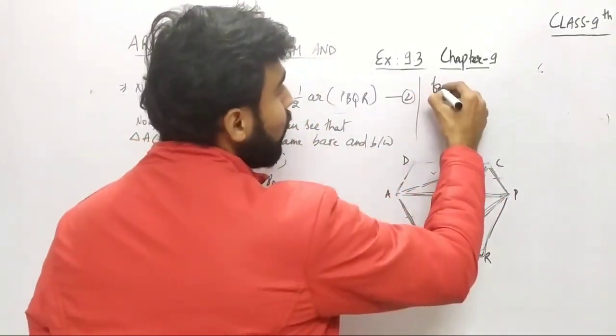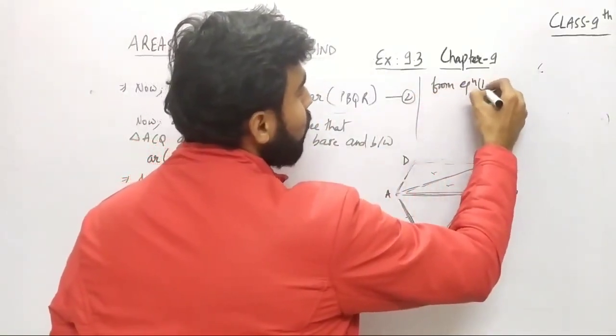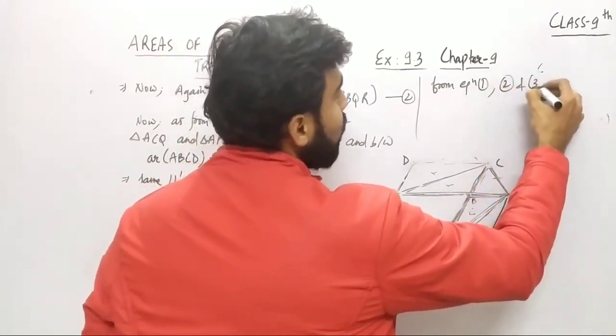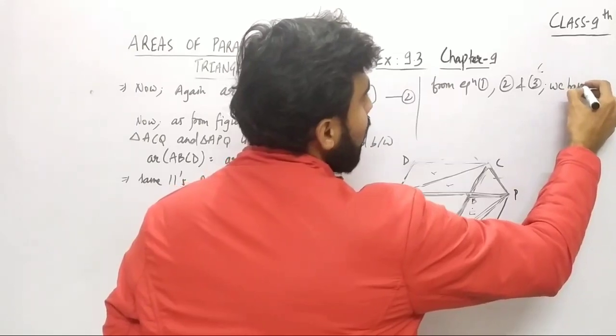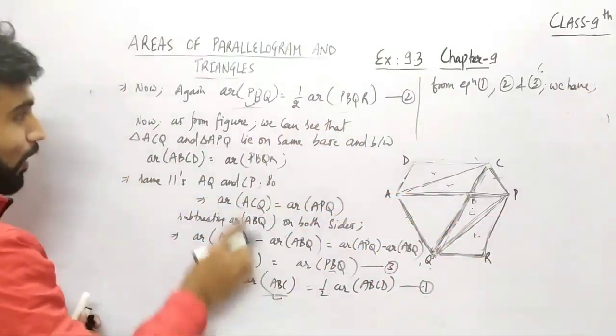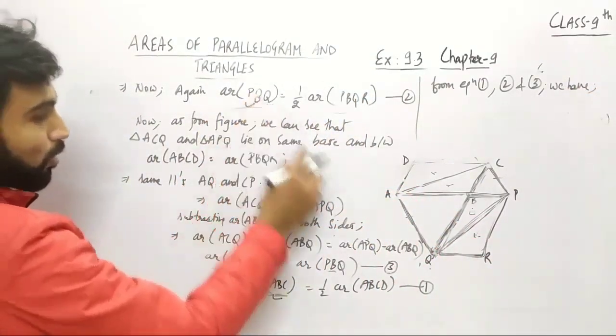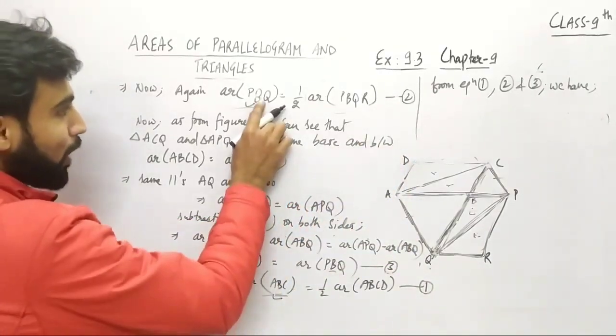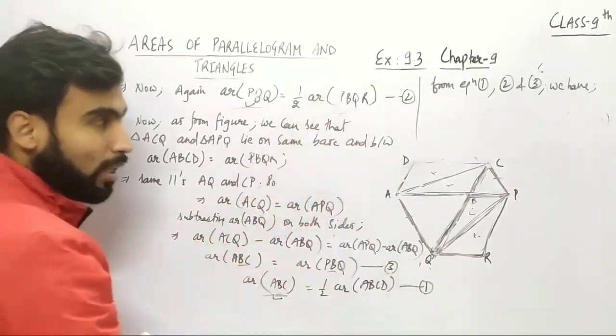So you can write down from equation number first, second and third we have, you can see the left hand side of the first and second equation is equal, with the help of this equation ABC is equal to PBQ, so their right hand sides will also become equal.